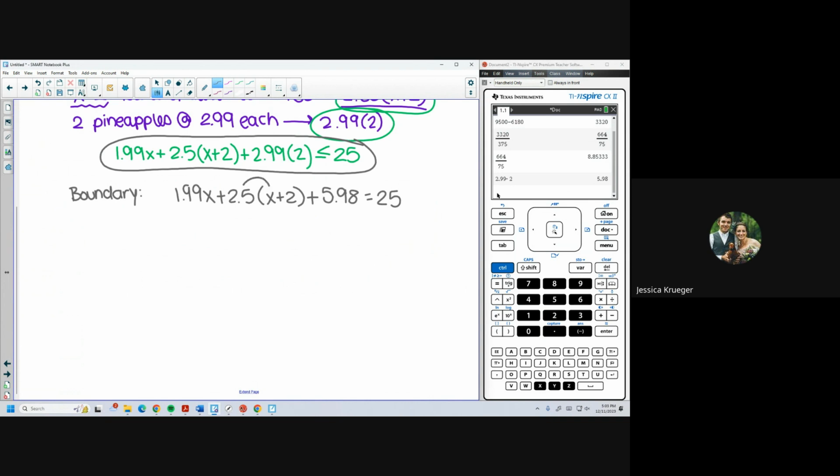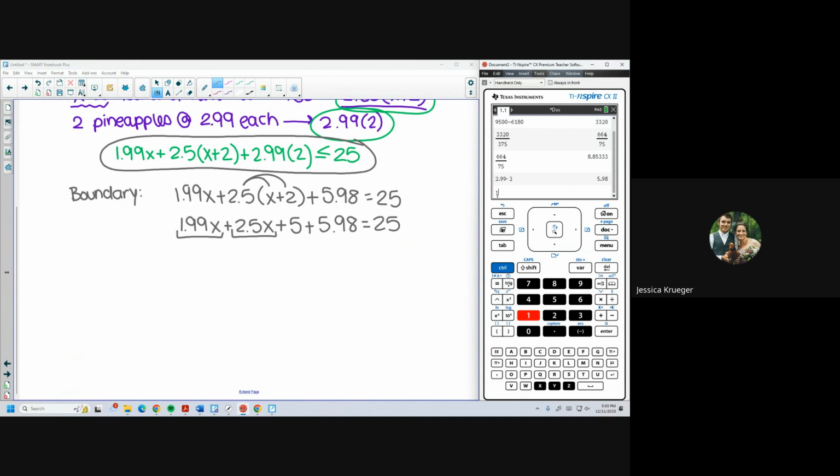First thing I see is parentheses, so I've got to distribute. And 2.5 times 2 is 5. Before I start moving things around, I've got to combine things that are on the same side, which means I'm not going to use opposite signs.